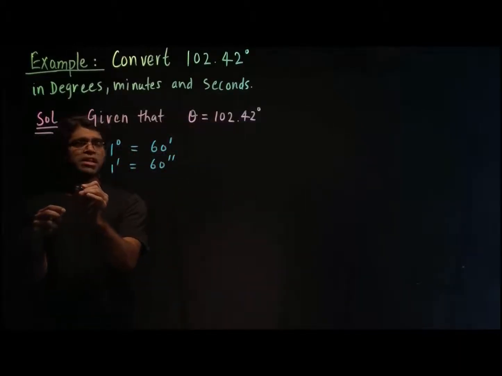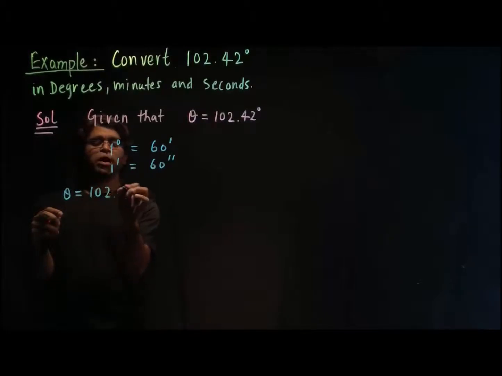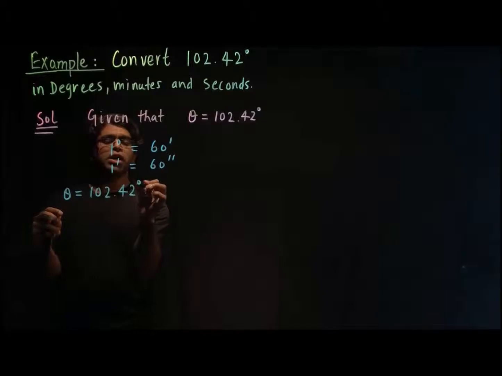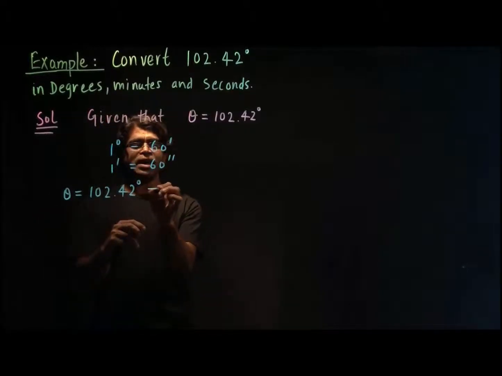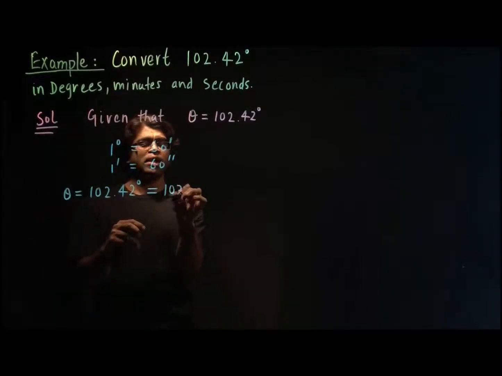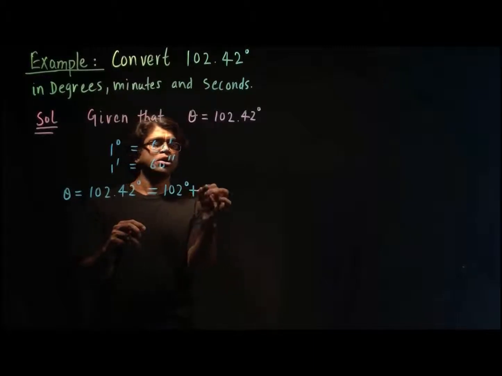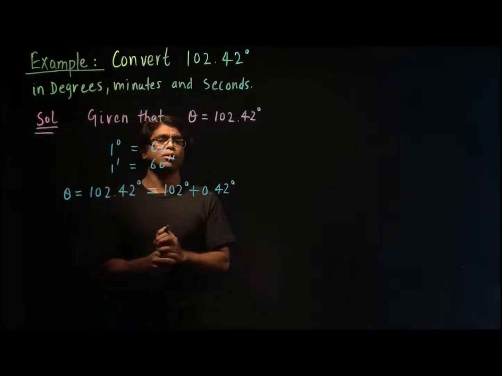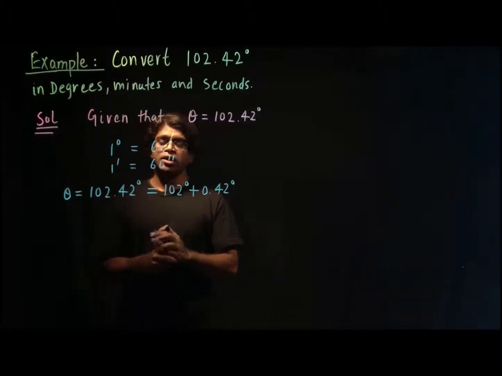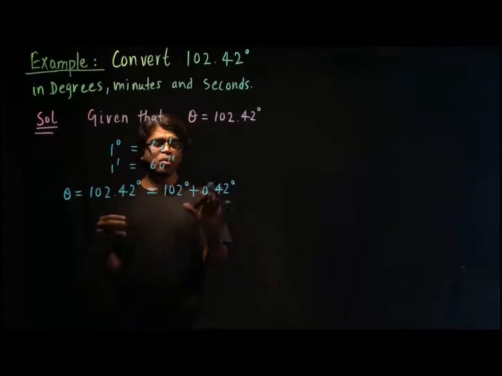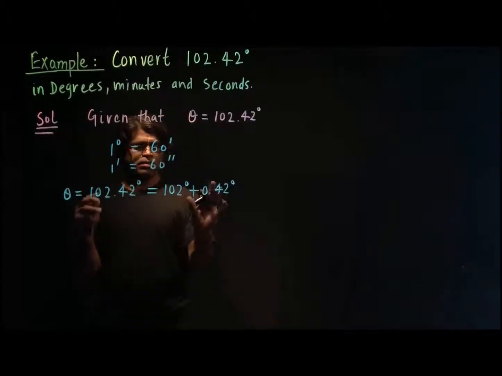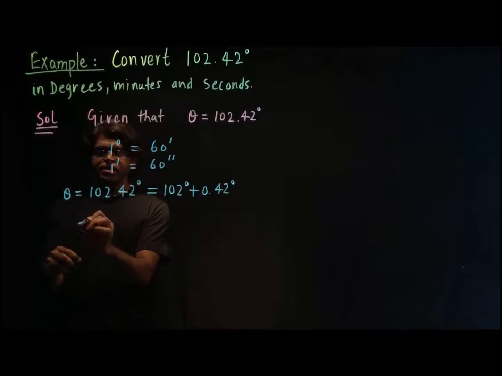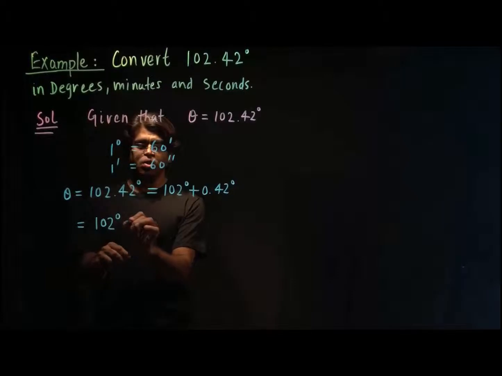As we can see, my angle theta is 102.42 degrees. If I want to rewrite this angle, I can write 102 degrees plus 0.42 degrees. Now I'm going to simplify this further. My first angle is 102 degrees, which is a whole number.